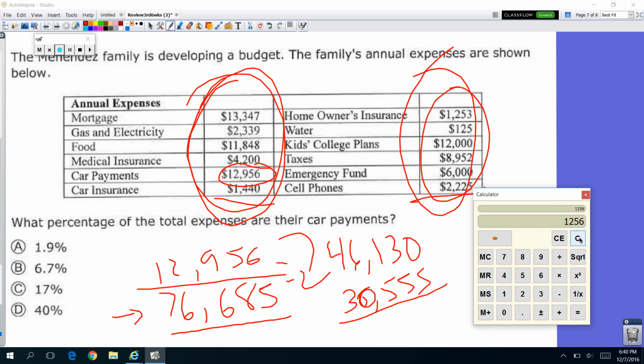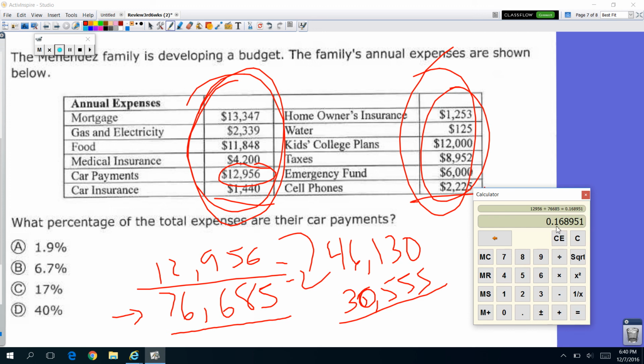See how I messed up there right quick? Okay, let me do it again. 1, 2, 9, 5, 6. And I'm going to divide it by 7, 6, 6, 8, 5. So when you do it in a calculator, it's like you're doing it backwards.